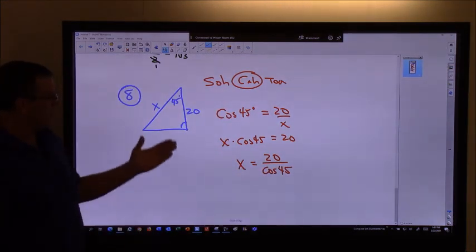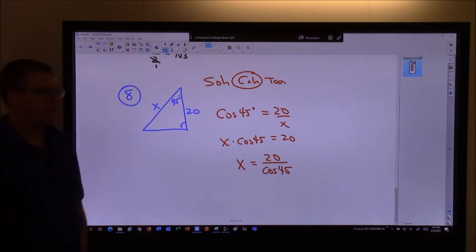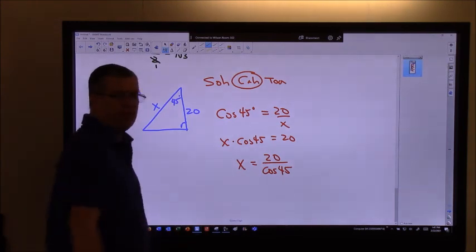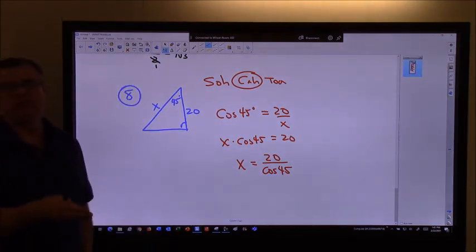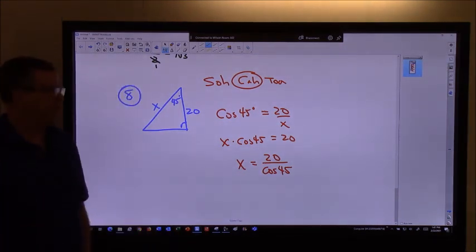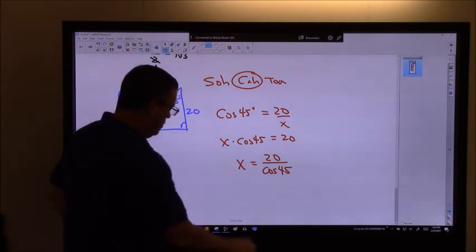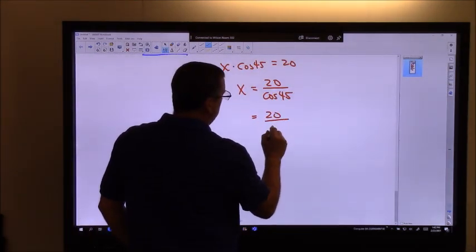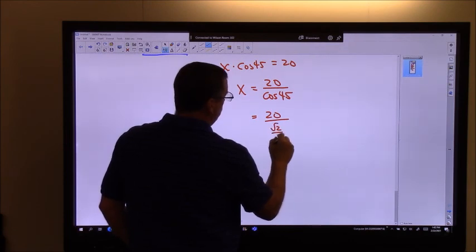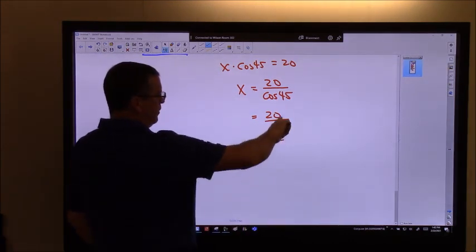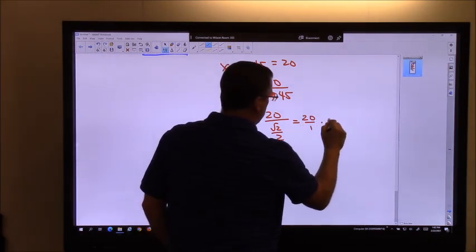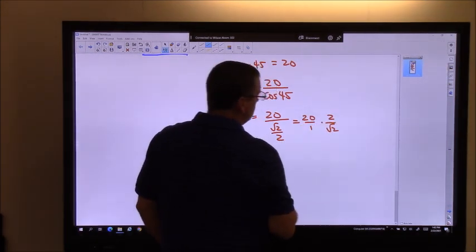And again, I could punch that in the calculator if I want. Or I can think unit circle. So cosine 45, 45 is in the middle. It's in the first quadrant, so that means that's √2/2. So if I want an exact answer, I've got 20 divided by √2/2. I got to flip it and multiply. So 20 over 1 times 2 over √2.